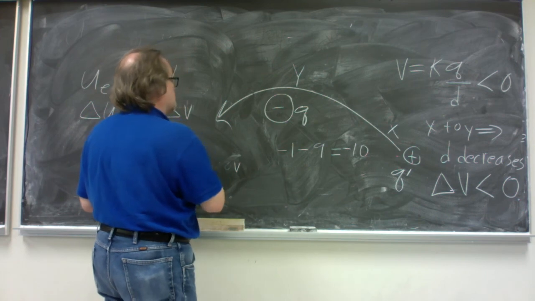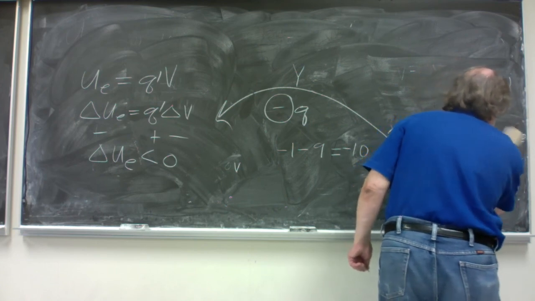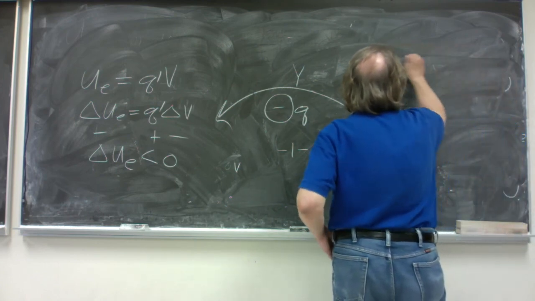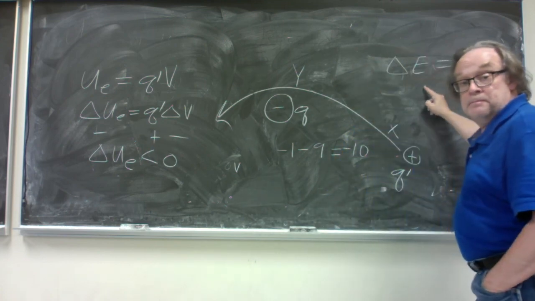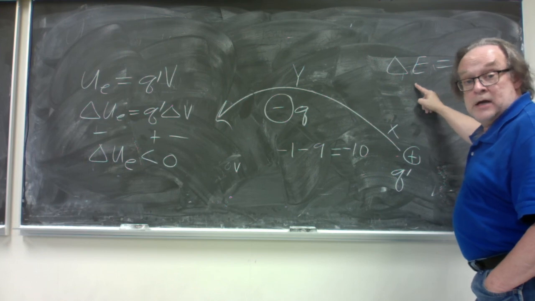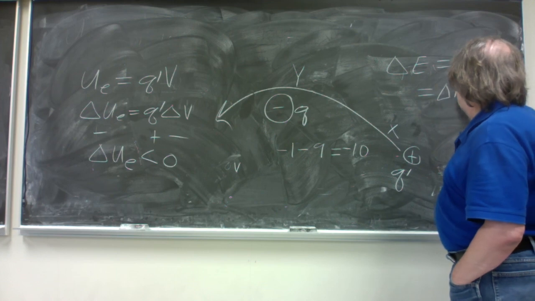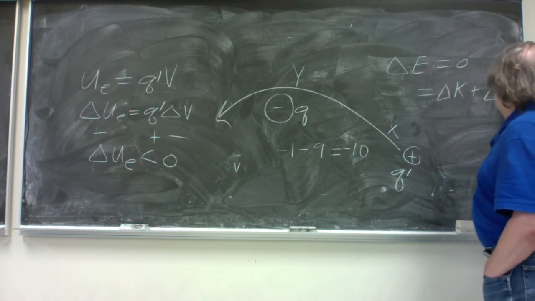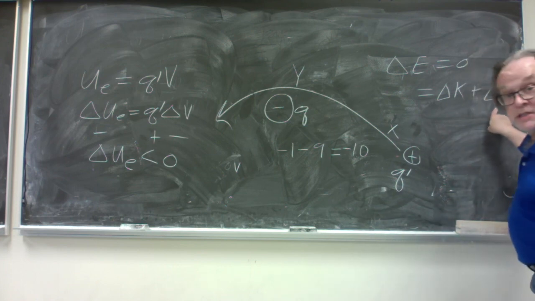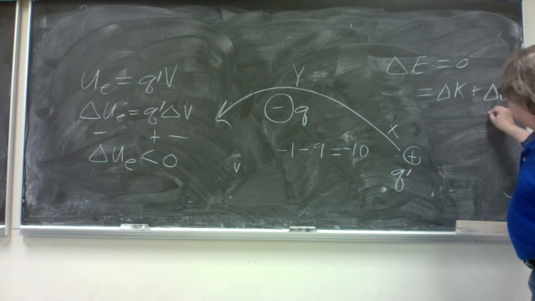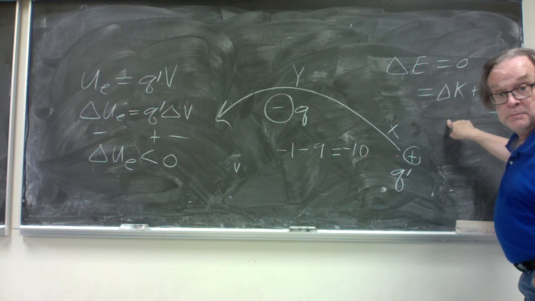Constant total energy means no change, but the actual change in the total energy could be a combination of some change in kinetic and some change in electric potential energy. We already figured out that this was negative. So if these two things have to add up to 0, this must be positive.